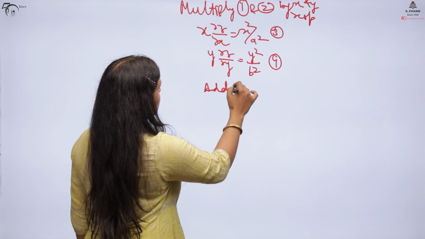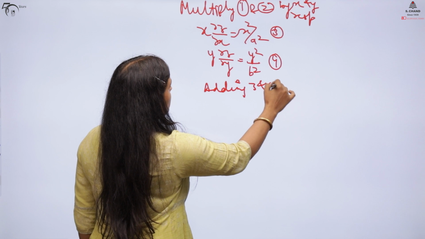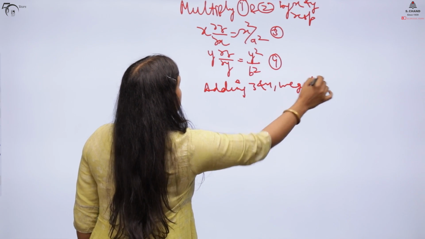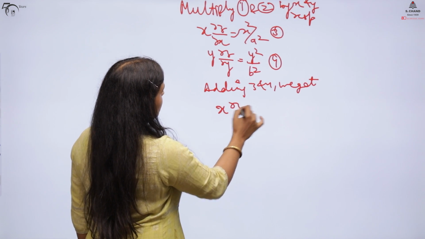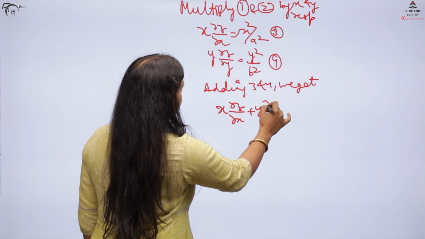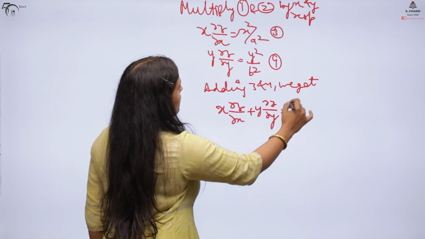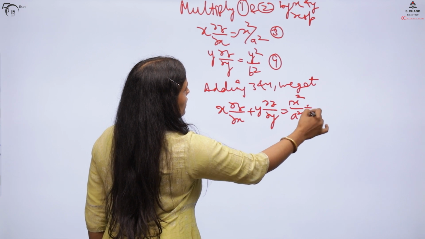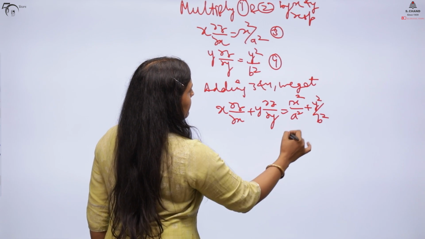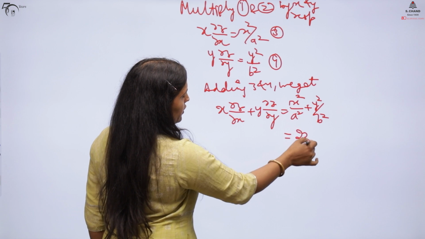Adding 3 and 4, we get x del z by del x plus y del z by del y equal to x square upon a square plus y square upon b square, and by the given equation you can replace it by 2z.